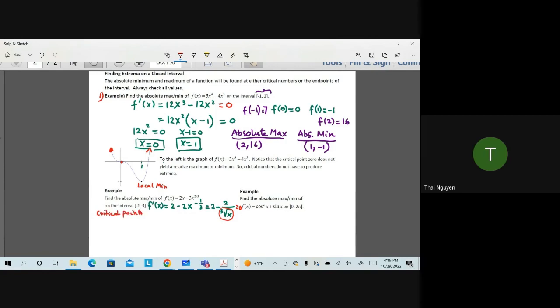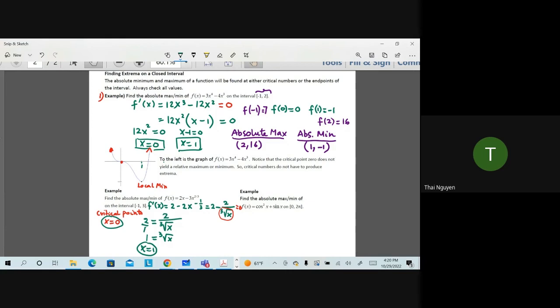Now, because we have a rational expression, x equals 0 is where it's DNE. So we've got a critical number at x equals 0. And then for the other one, we solve the equation 2 minus 2 over the cube root of x equals 0.